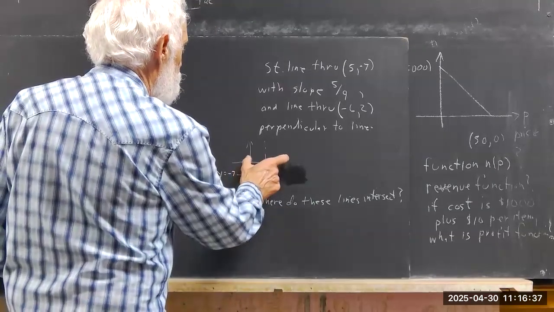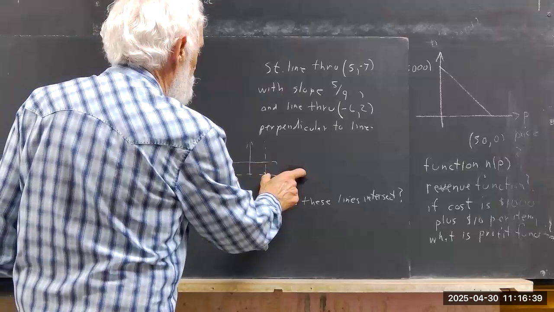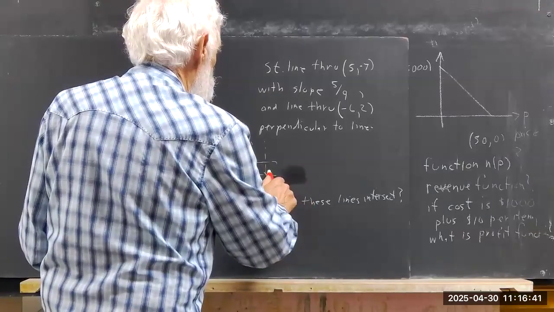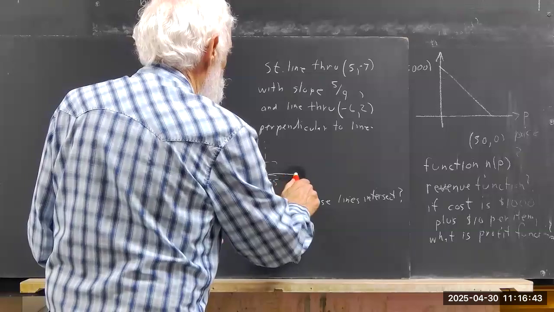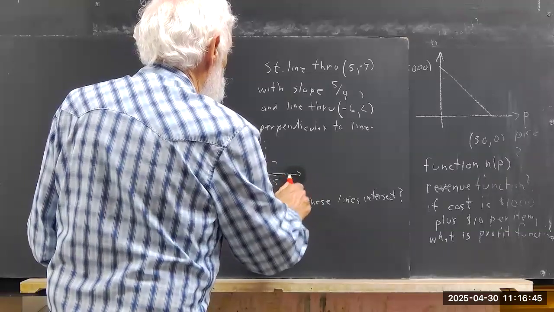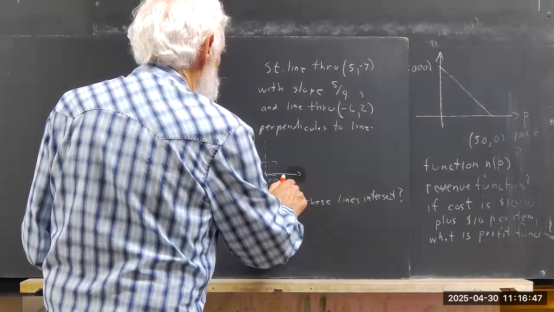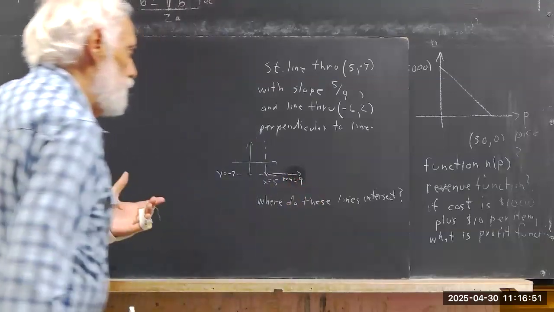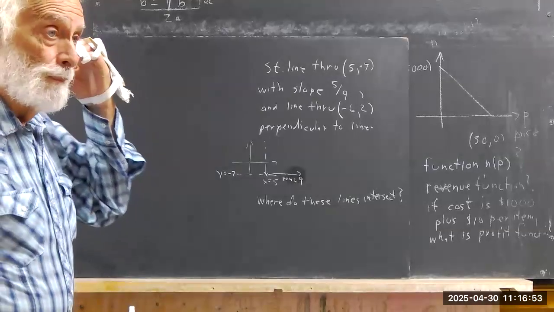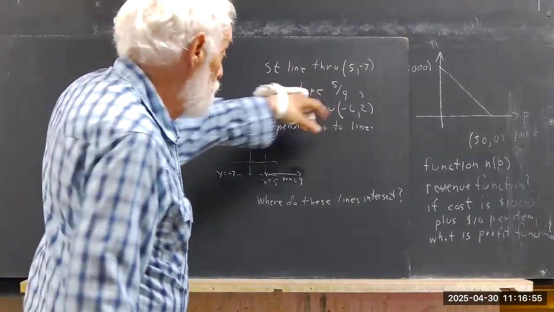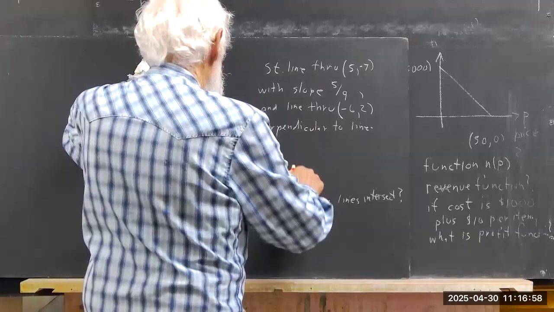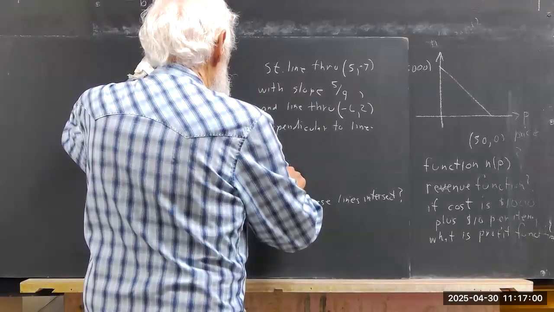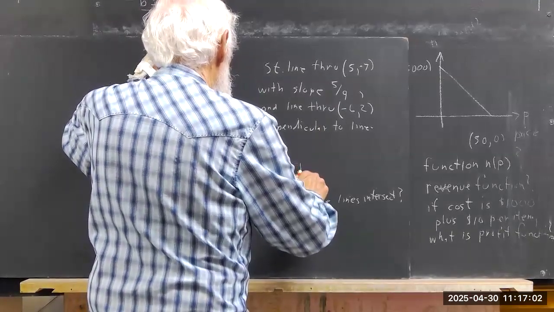Well, there's 5, so 9 is probably about that big, so I go over about that far. I can even say run equals 9, because this is the slope. This is rise over run. And then rise equals 5. Well, that would get me right up to the x-axis.